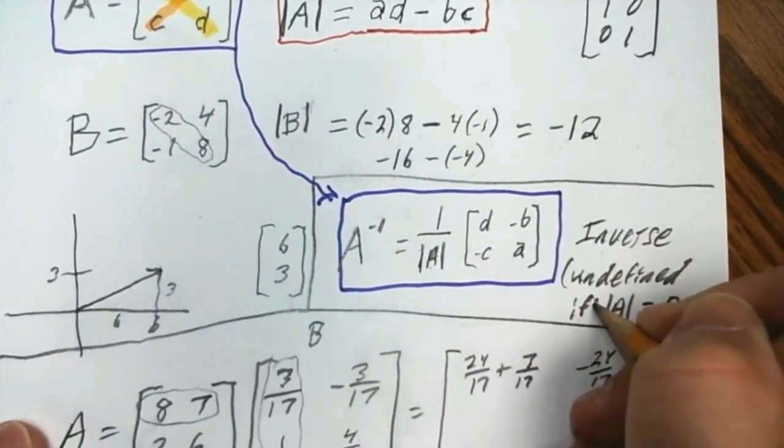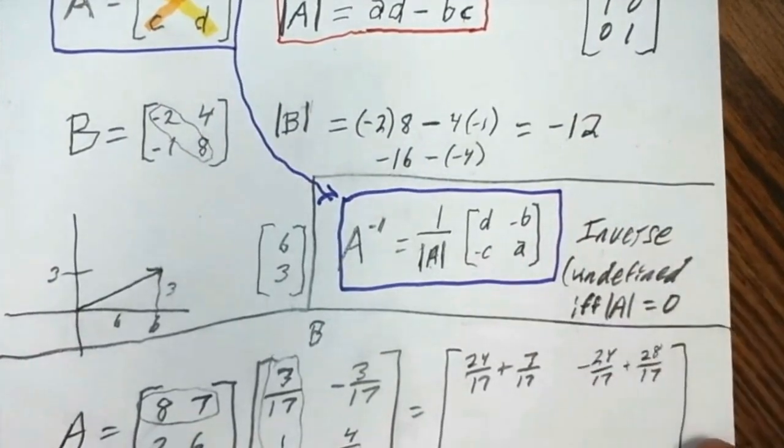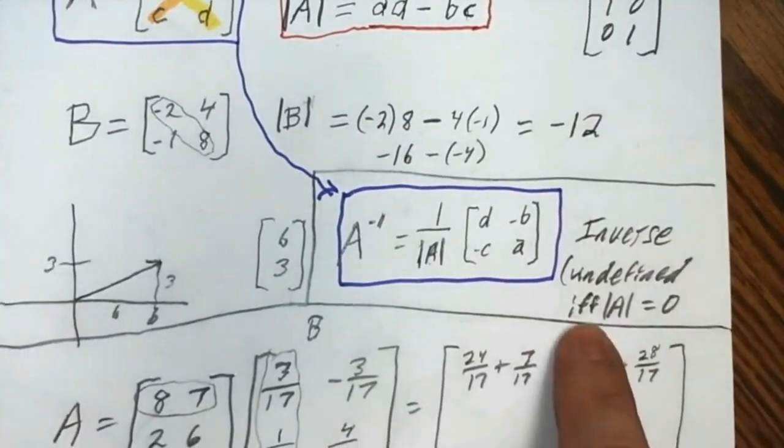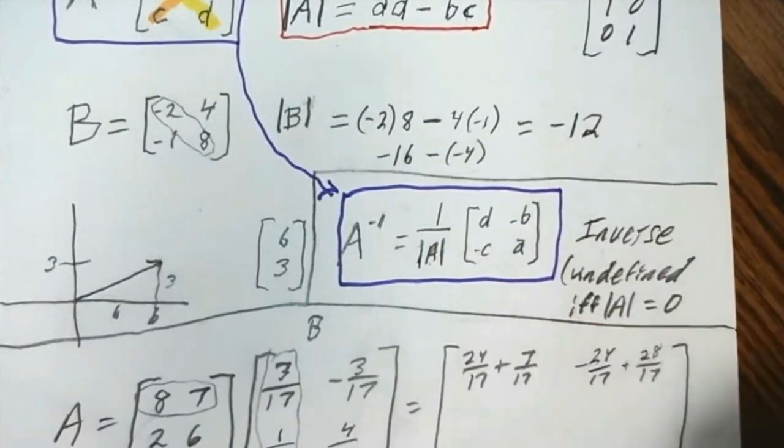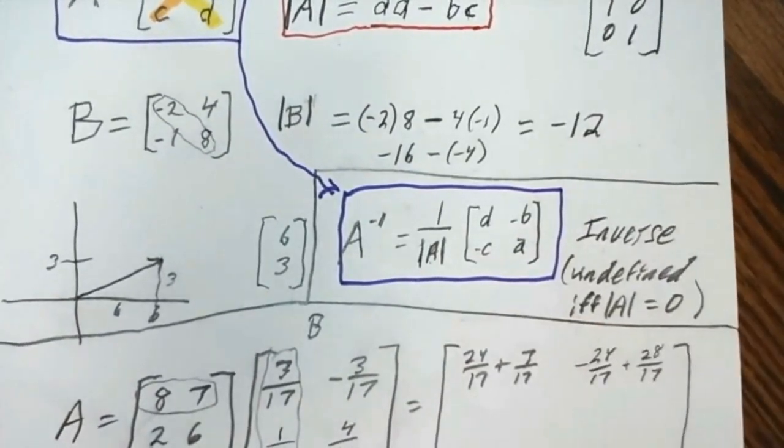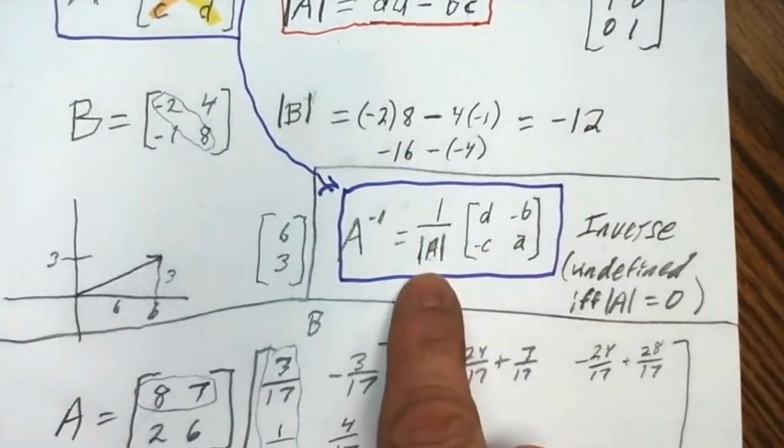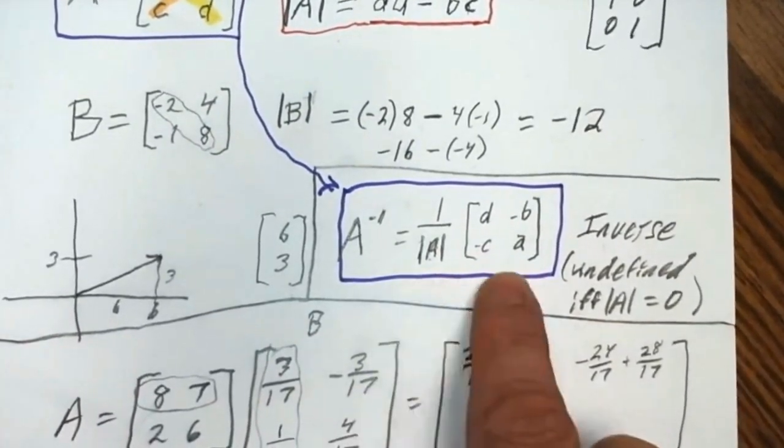And we can do the "if" with two F's. If and only if. That's what two F's is. If and only if the determinant is 0, then it's undefined. And I'll close that parenthesis here. So that's when we don't have an inverse.